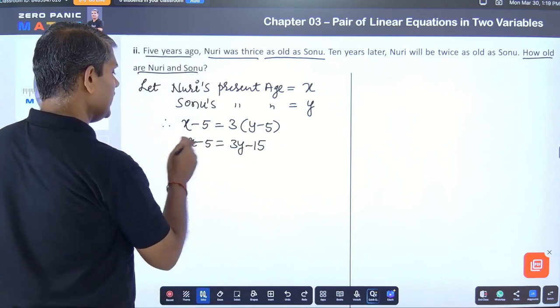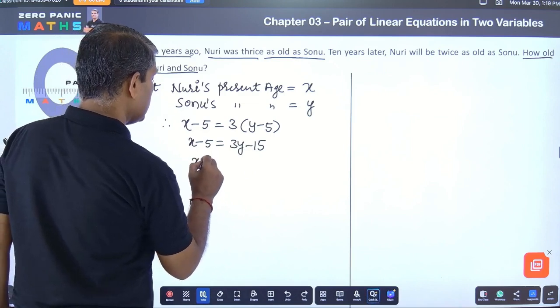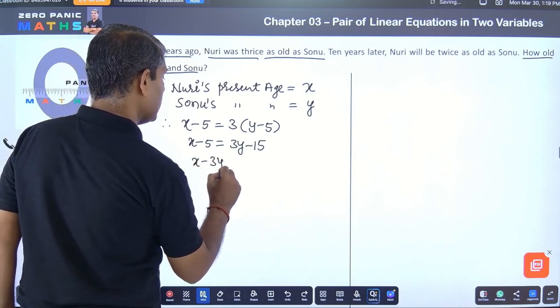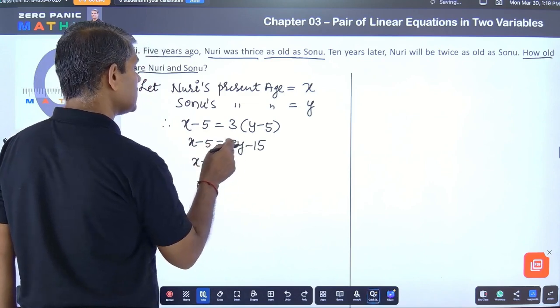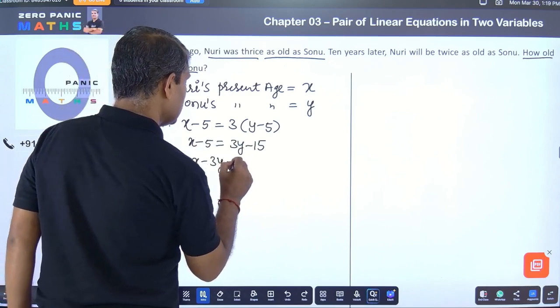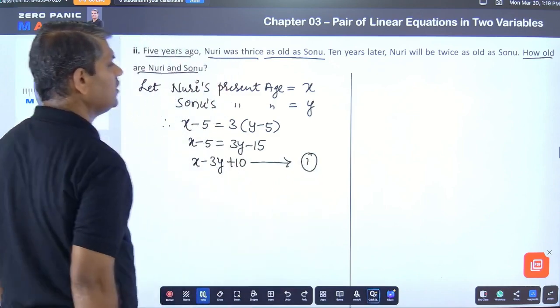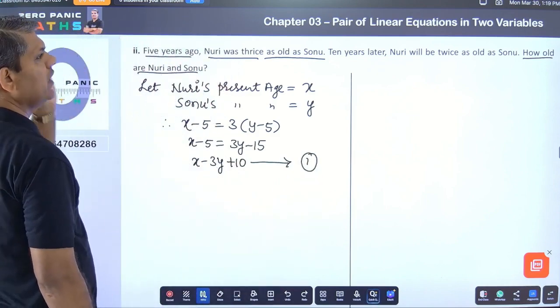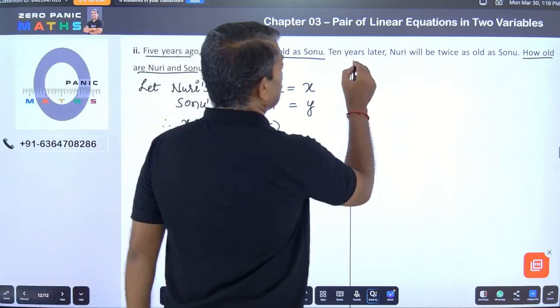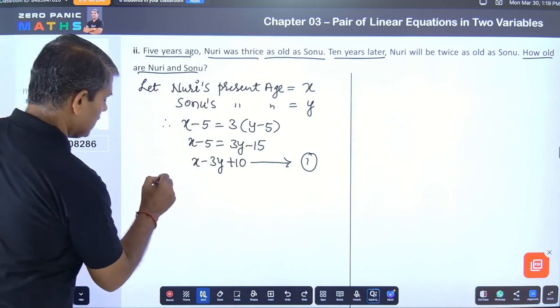Take 3y and minus 15 this side, that will give me x minus 3y. Taking minus 15 this side will become plus 15, minus 5 is 10, so x minus 3y is equal to minus 10, this is equation 1. Secondly, 10 years later means x plus 10, right?